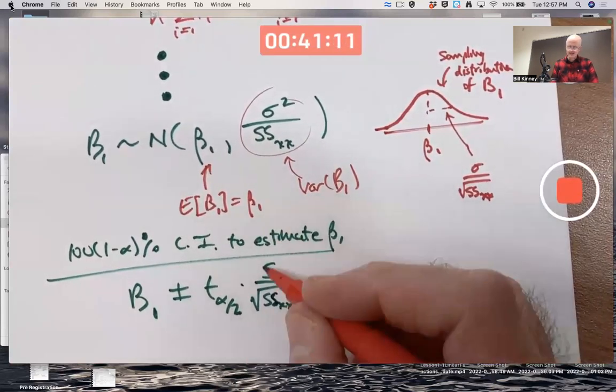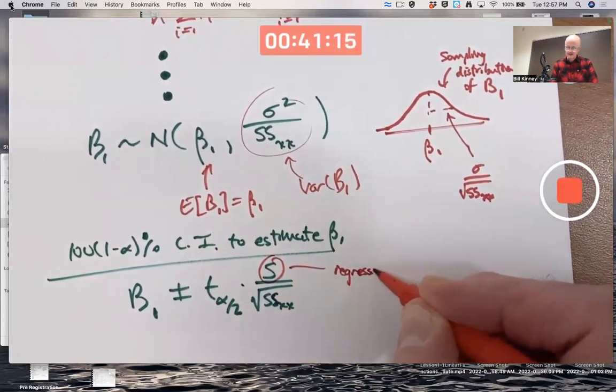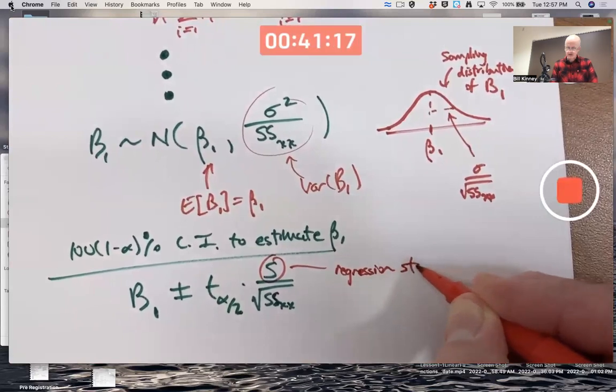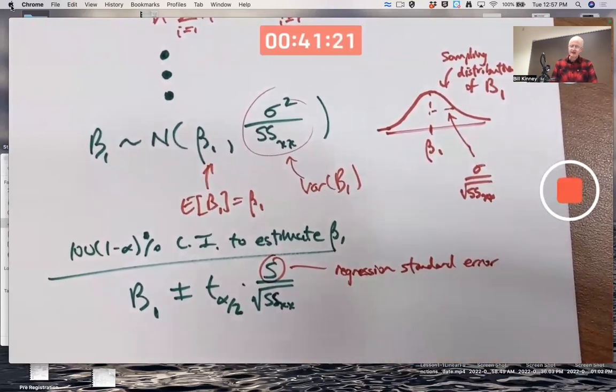S is the regression standard error. It does kind of act like a standard deviation, but it's not technically one in the usual sense.